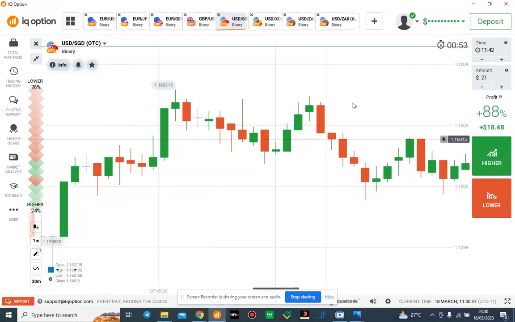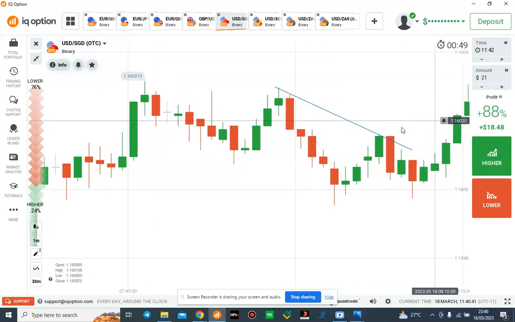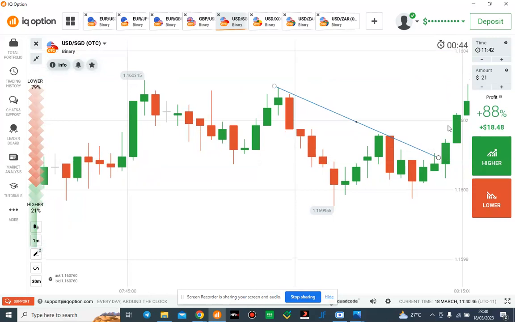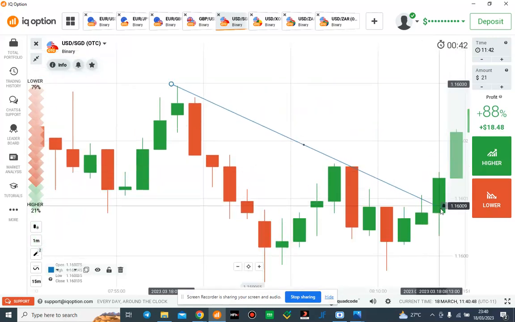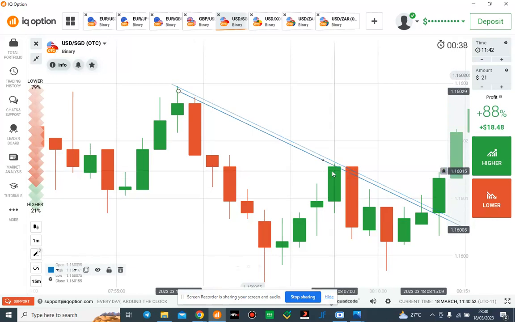So let's draw a trend line. Okay, you can see after drawing the trend line, we can make it double.